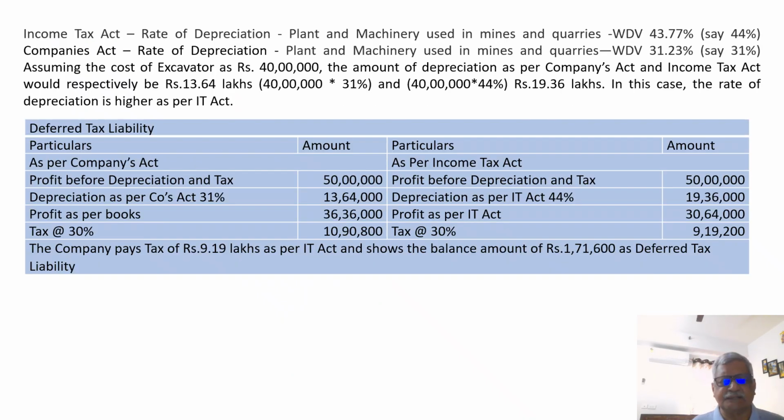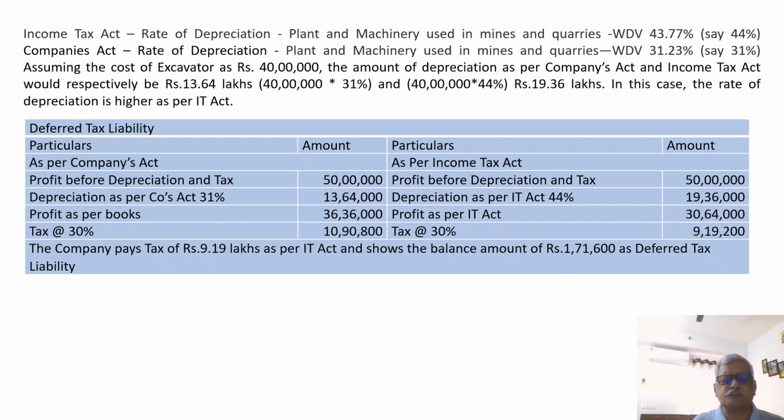Now we will take a numerical example. Under the Income Tax Act, the rate of depreciation on plant and machinery used in mines and quarries is written down value 43.77%, say 44%. As per Companies Act, the rate of depreciation which can be applied on plant and machinery used in mines and quarries is written down value 31.23%, say 31%.